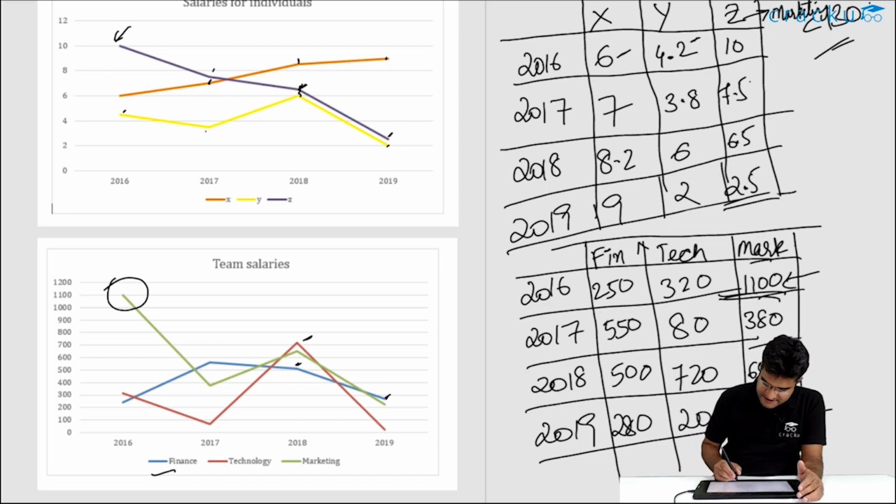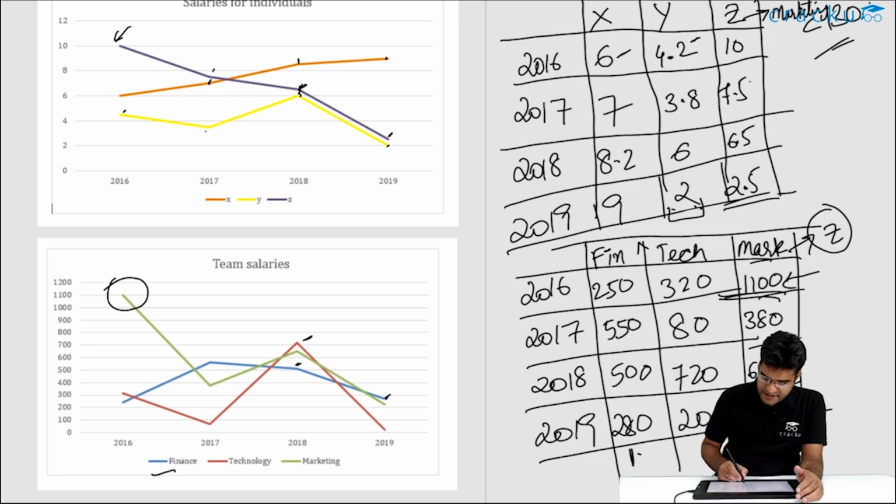So again you can see that if you are looking at 2, this is an interesting number to look at, because if you look at the 2019 numbers for finance, tech and marketing, we don't need to consider marketing because we have already concluded that marketing is Z. If you are looking at 2019, we know that the individual salary of Y is 2 units and the total salary is either 280 or 20.